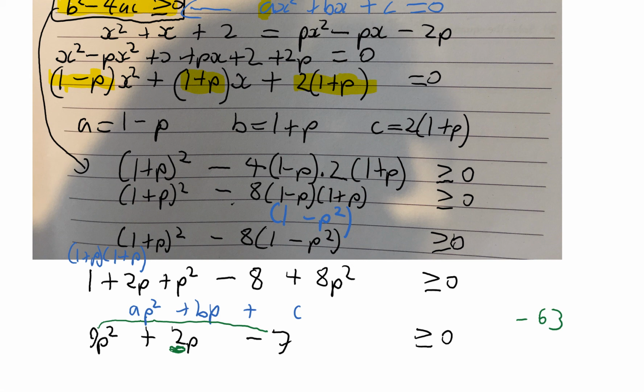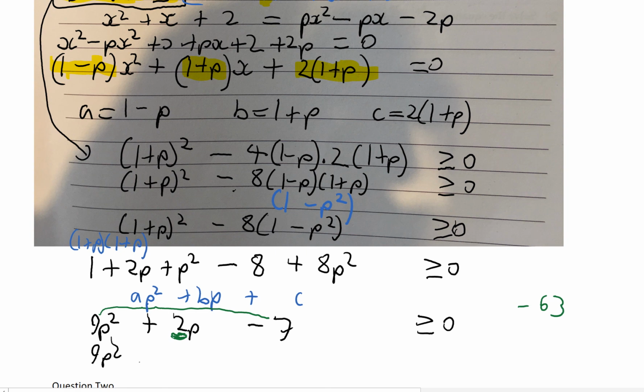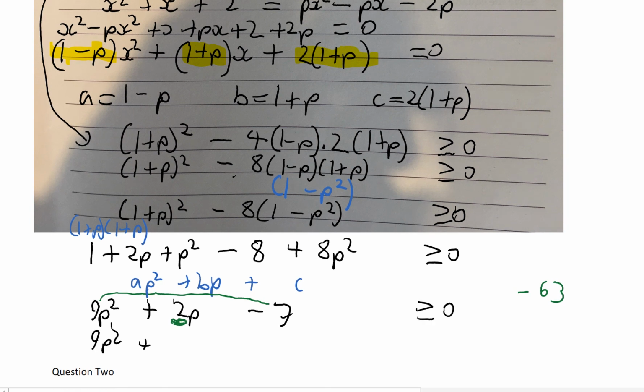Yeah, there are. There's 9 times 7, right? So I can split the 2p up into 9p minus 7p, can't I? Minus 7 is greater than or equal to 0.